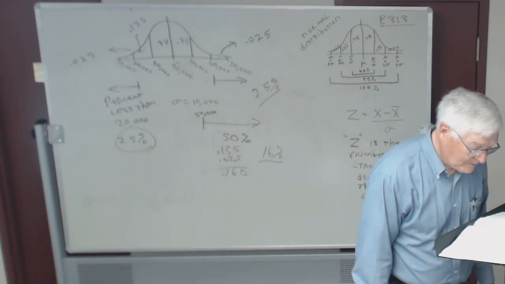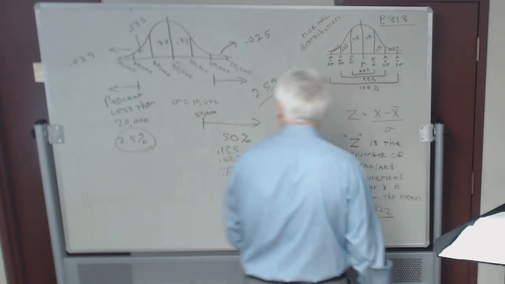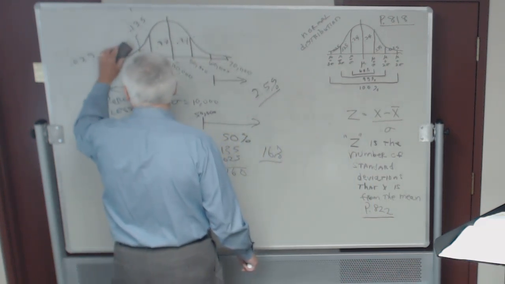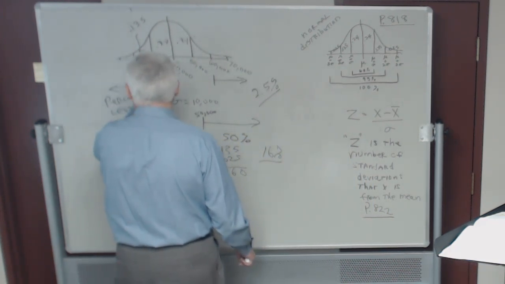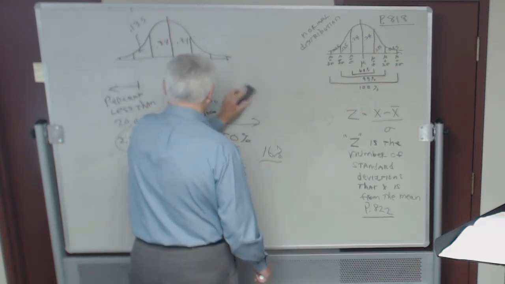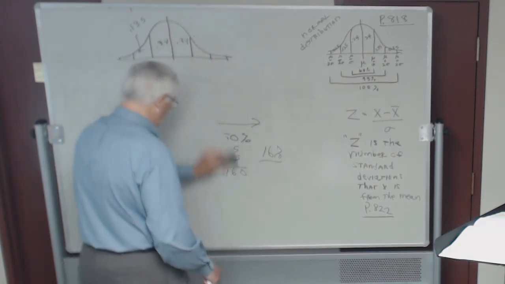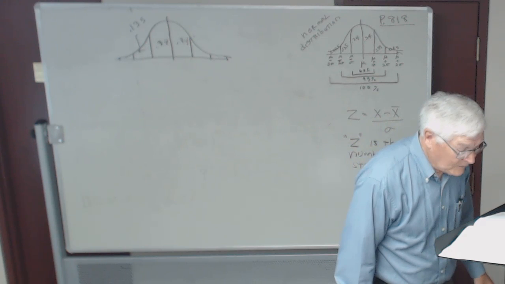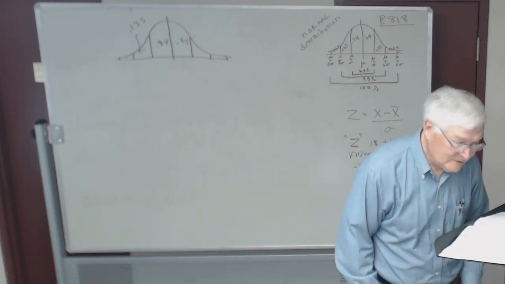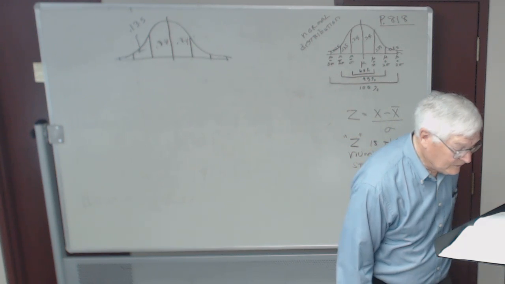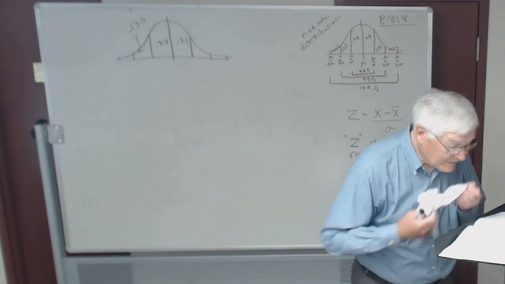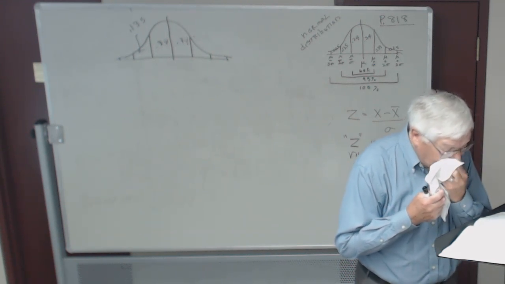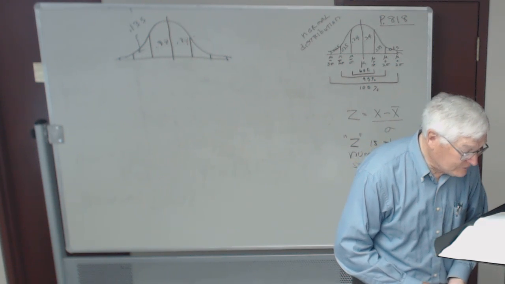So, let's do problem number 4. So watch what I do. I still leave my picture here. I just erase all of this. And I look at problem number 4, and it says, for a certain standardized placement test, the kind you'll be given your little chippers, it was found that the scores were normally distributed.